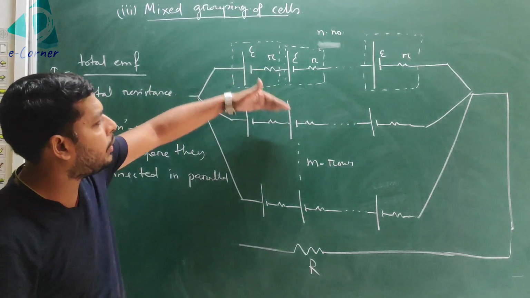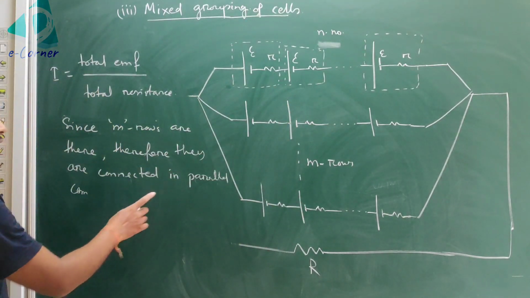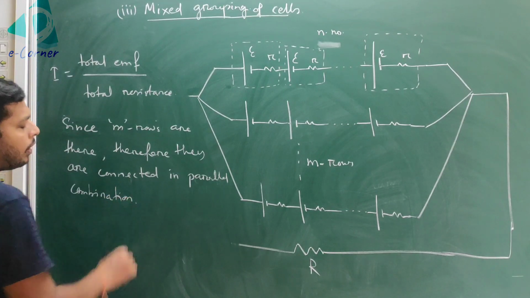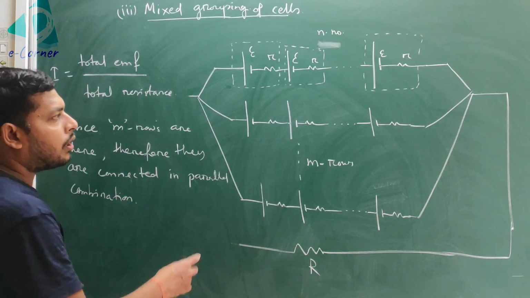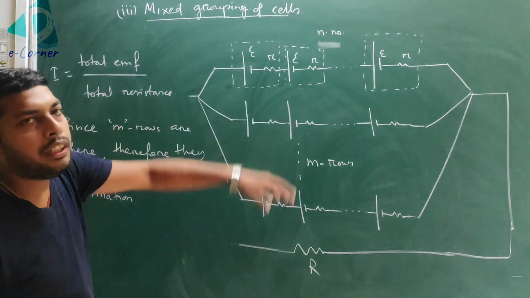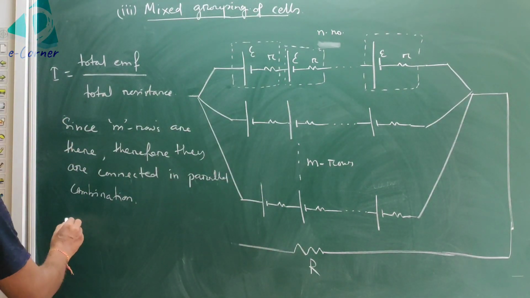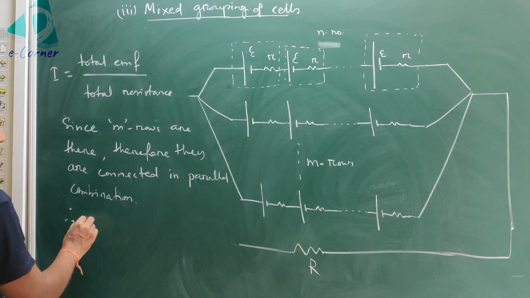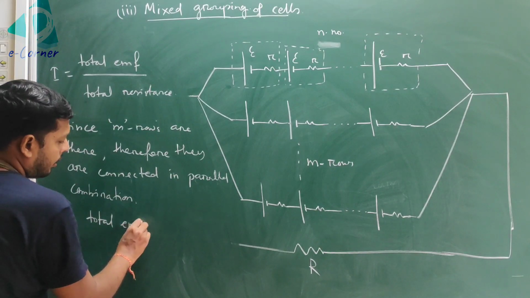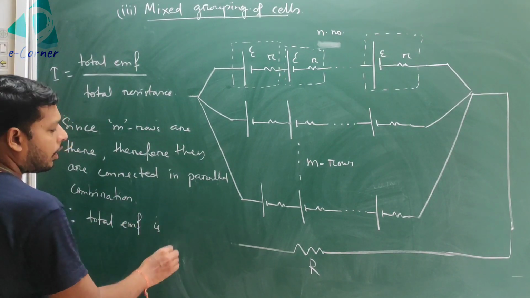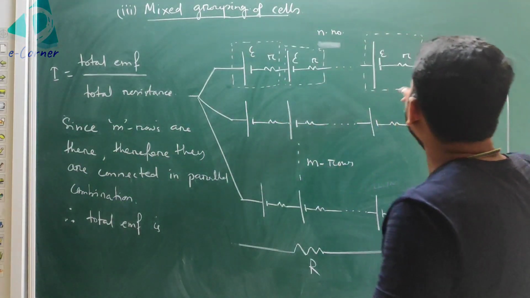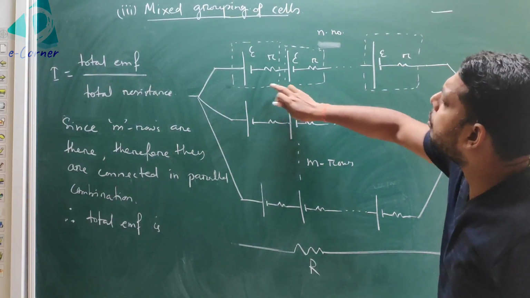Yes or no? Do you see the parallel combination or not? So they are connected in parallel combination. If they are in parallel combination, then what is the net EMF or net internal resistance here? Therefore, the net or total EMF will be how much?